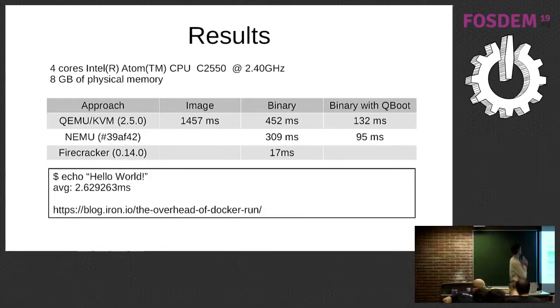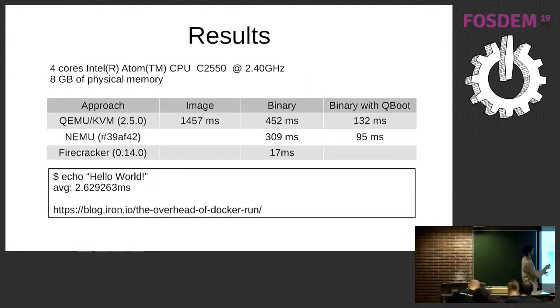This is the hardware that I used. There are many interesting things that you can see here. For example, here you have QEMU, where I used the 4 megabyte image, and then you can see the difference when you start to just use the binary. That is reasonable because you're reducing a lot of the binary I had to load into memory. Then you can see the 300 millisecond gain that you get if you use QBoot.